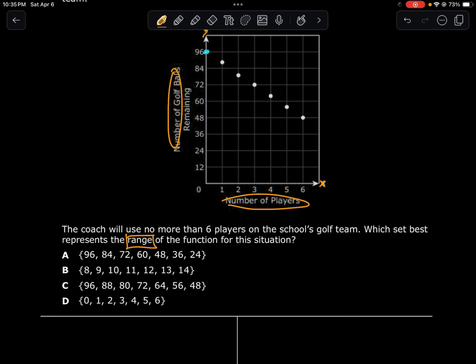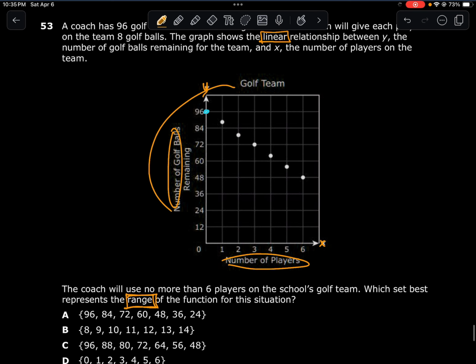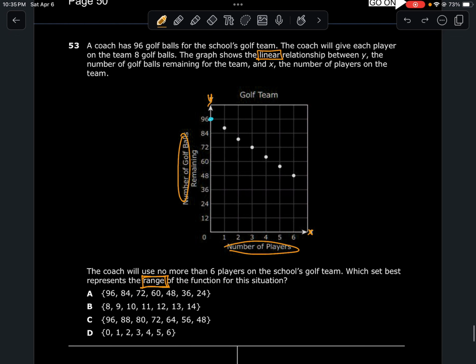Now, even if I didn't know what represents what, and I just read the word range and then I have this graph, I can answer. So I'm going to forget what x and y is, and I'm just going to keep in mind the word range.